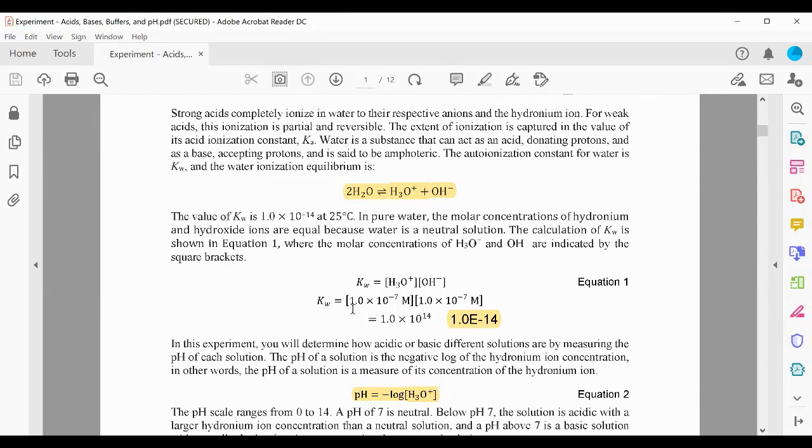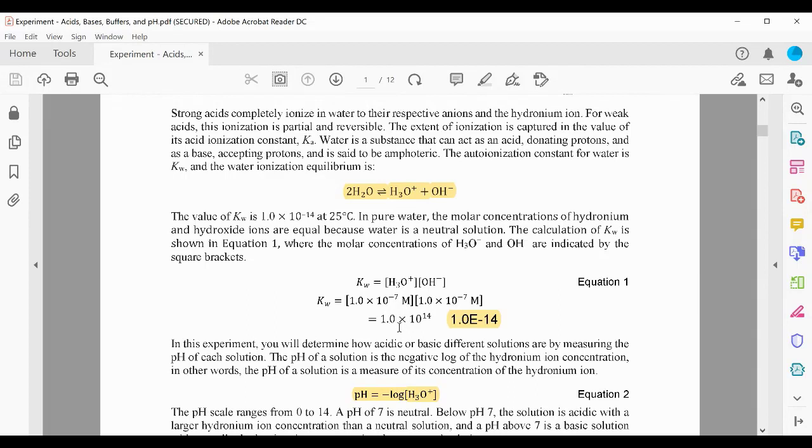And if you have just water in the solution, the only ions you are going to have are the ones that come from this dissociation, which are protons and hydroxide. So if you look at the equation, you have one of each, the same amount of each.